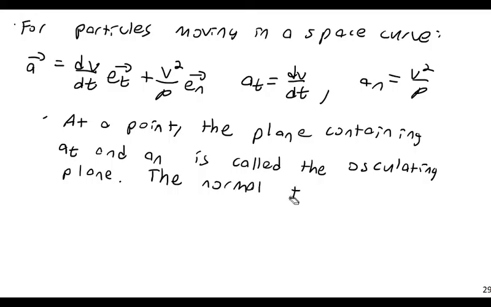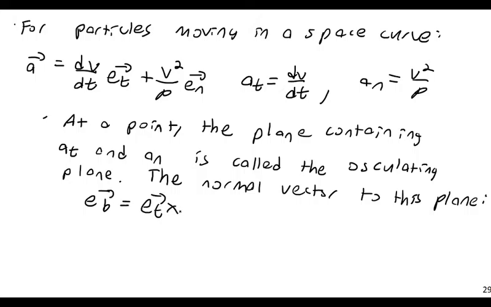The normal line to this plane, and this just comes out of Calc 3, is found as, I'm going to let this be vector EB, is simply ET cross EN, and EN here is the principal normal.